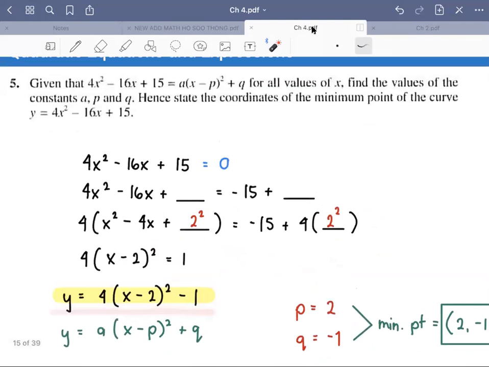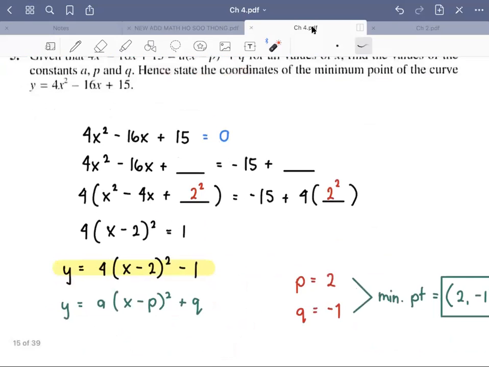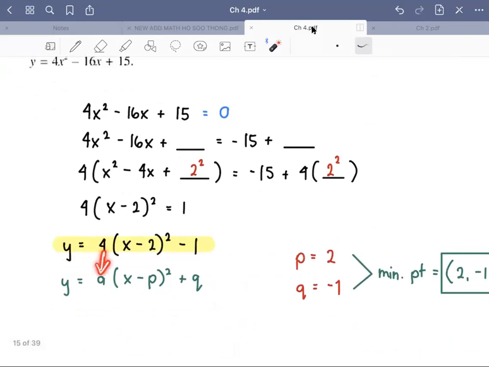Okay. Now writing this here so you guys can compare side by side. So A is 4, P is 2, and then Q is negative 1. Right? So we need to identify what is A, P, and Q. So A is equal to 4. So these are your answers.